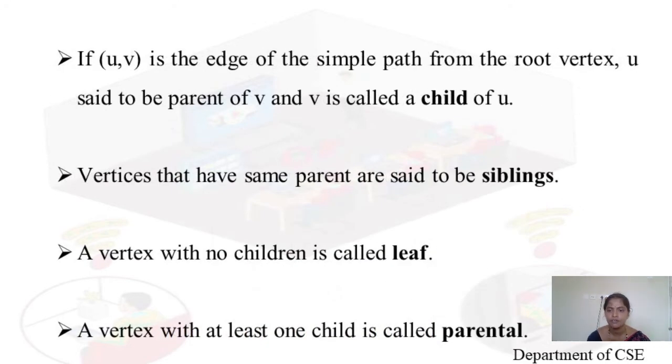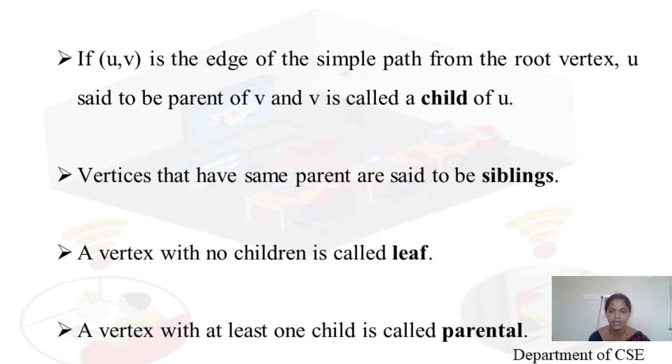Now we will define a few terminologies concerned with the free tree. If UV is an edge of a simple path from the root vertex, starting from vertex U to V, then U is said to be the parent of V and V is called a child.